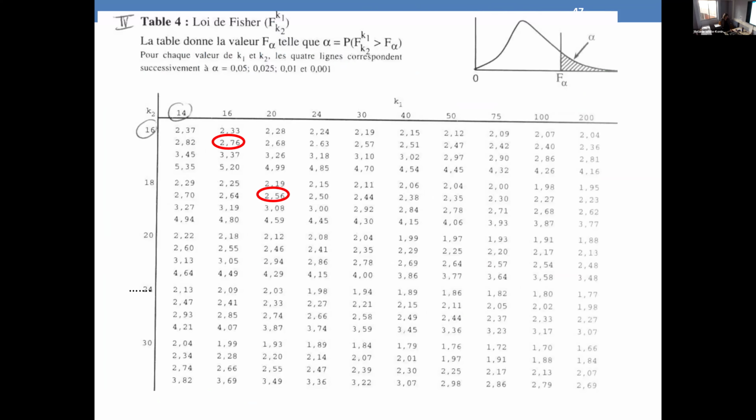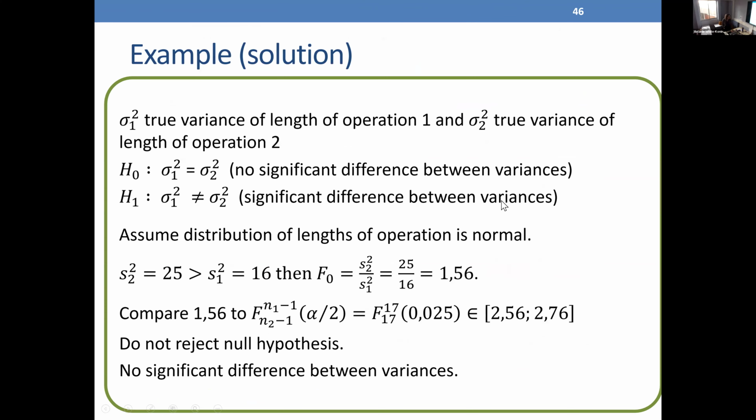Yes, no problem. So it's a bit complicated because there are 2 degrees of freedom, okay? Remember, for the Student test there's just 1. Here there's 2. There's 1 which corresponds to the top and 1 which corresponds to the bottom of this, because here we calculate a ratio, a quotient, okay?